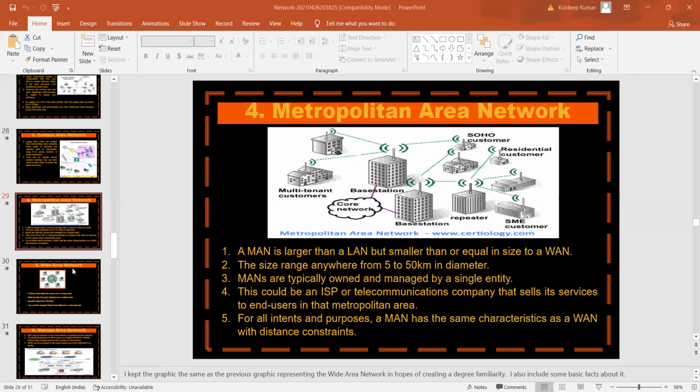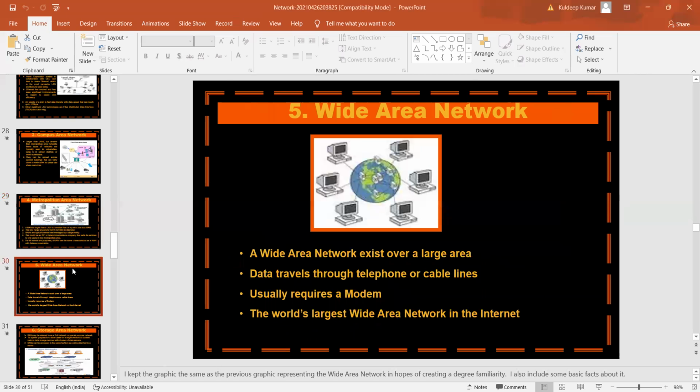Then coming to the fifth type of network, that is WAN, wide area network. It covers a large geographical area. Data travels through phone or cable lines. It usually requires a modem. The modem on one side communicates with the modem placed on the other side. The information from one side is fetched and transferred to the other side with the help of the network.